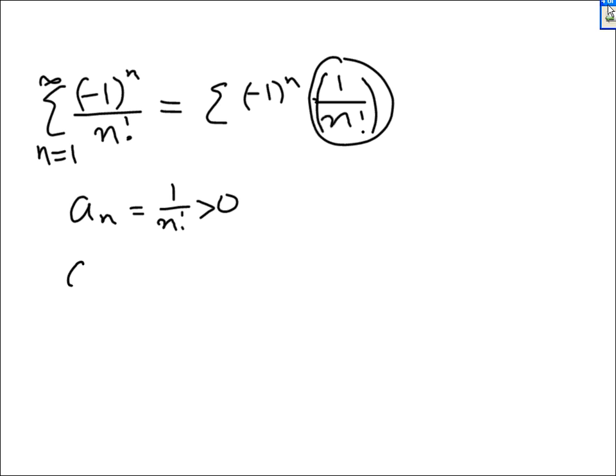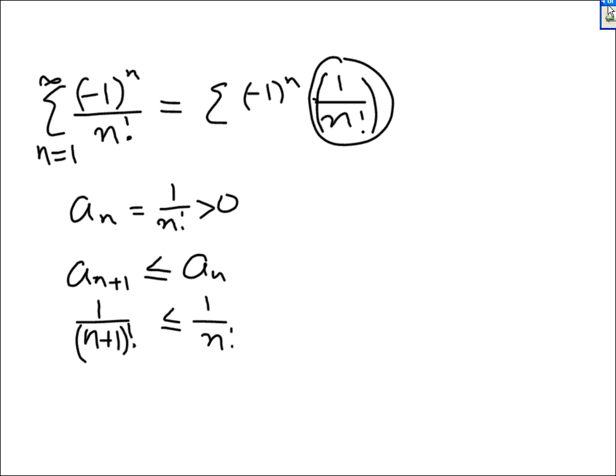Now, when you compare these two consecutive terms, is the latter one smaller than the prior one? Is 1 over n plus 1 factorial less than or equal to 1 over n factorial?